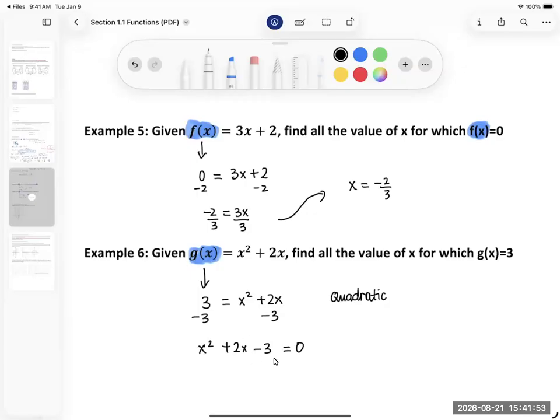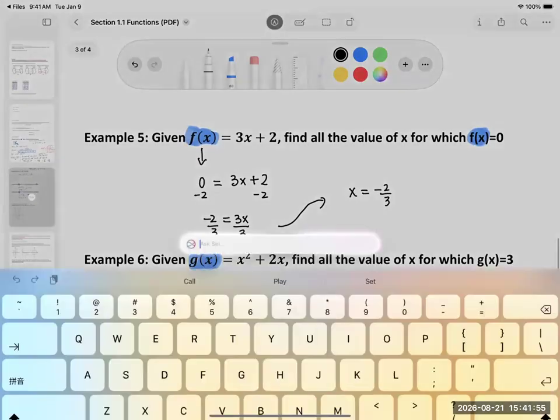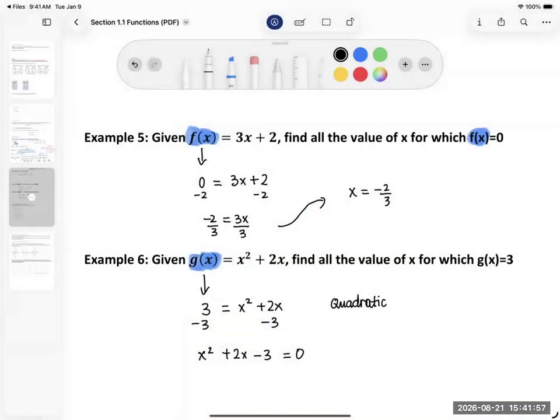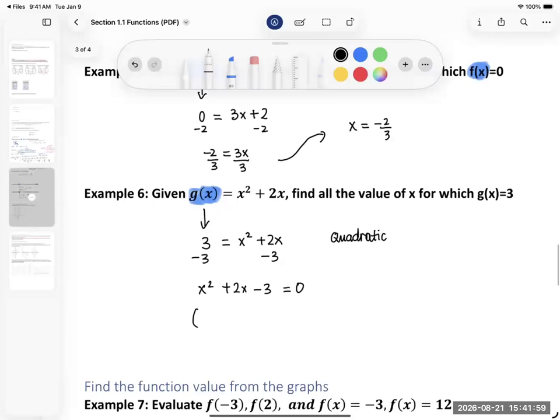So what is the factor of this quadratic equation? Factor means we're going to have to put this into something like this. Okay, and how are we going to do that? We will have to find two terms that multiply to give you x squared.